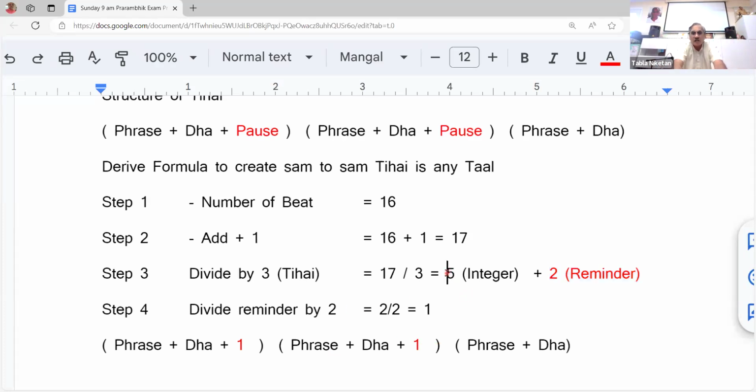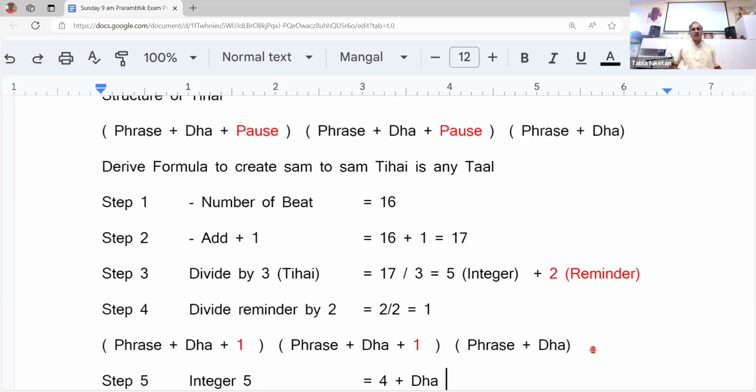Now how much is the integer? 5 is the integer we need to consume, right? Now we have to have dha. So step number 5: the integer 5 is equal to 4 plus dha.